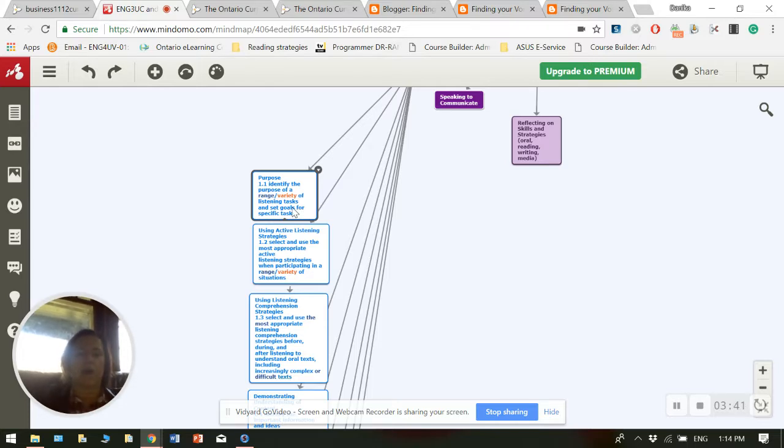So for 1.1, identify the purpose of a range of listening tasks would be, you have maybe one fairly simple listening task, which would be listening for information in a lecture, versus a really complex one like maybe trying to identify the theme or imagery in a spoken word poem.